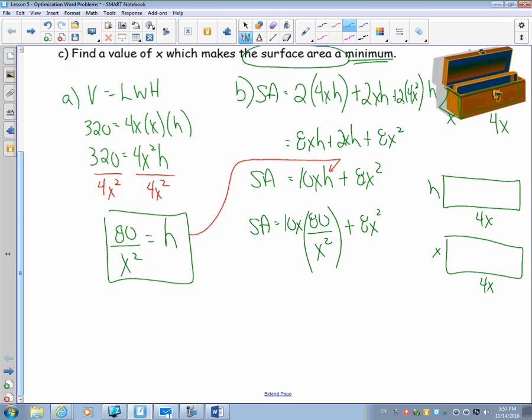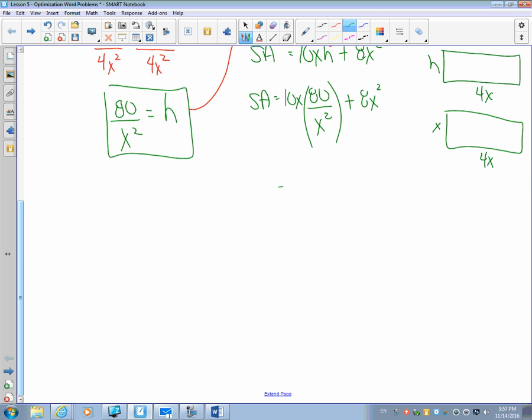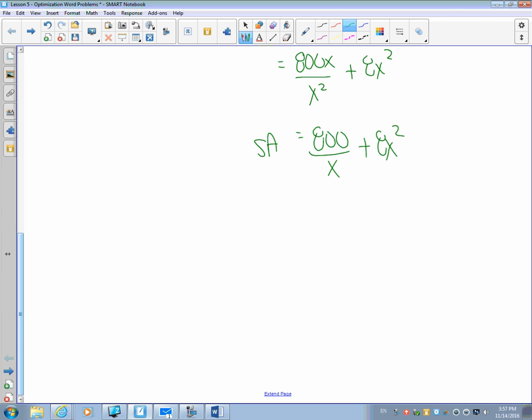Now this is not a nice way to set it up to take a derivative, so let's simplify a little bit. Let's multiply in the top, so we'll get 800x over x squared plus 8x squared. We're just going to multiply these two things together. We can cancel an x from the top and the bottom of the fraction, so it simplifies a little bit. And because we know we're taking derivatives down the road, let's get rid of the fraction by using a negative exponent.